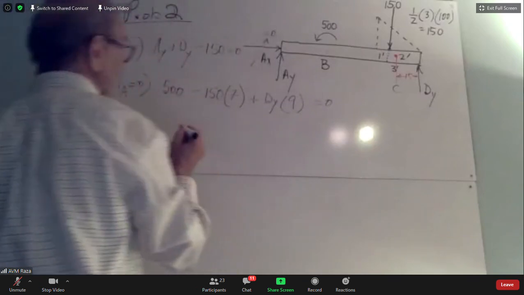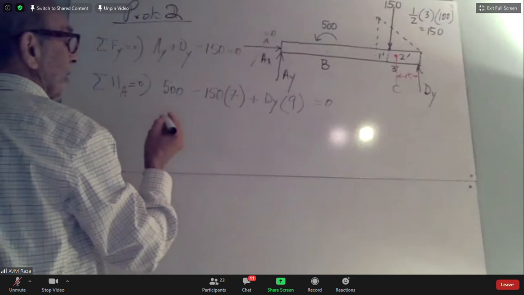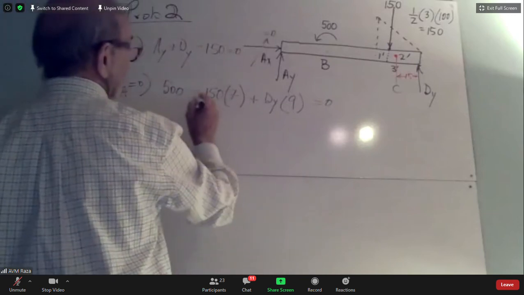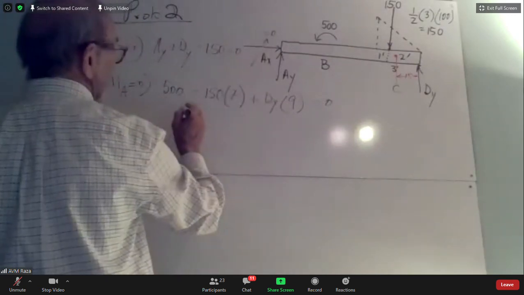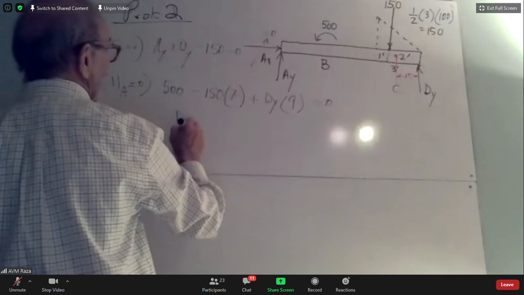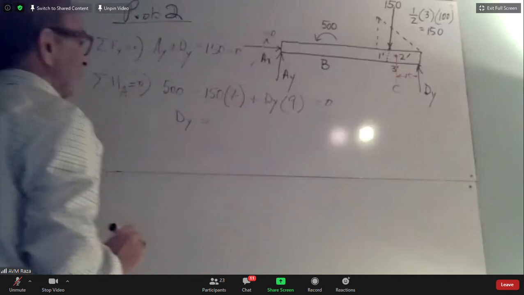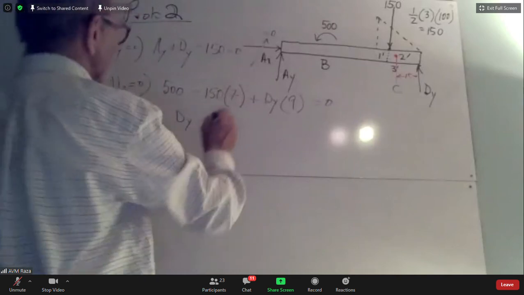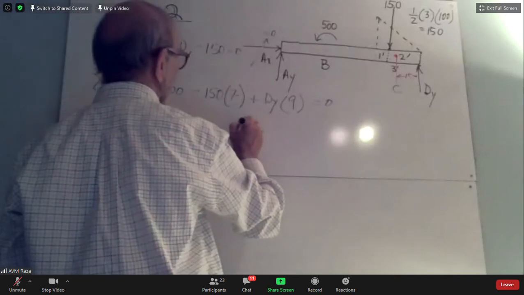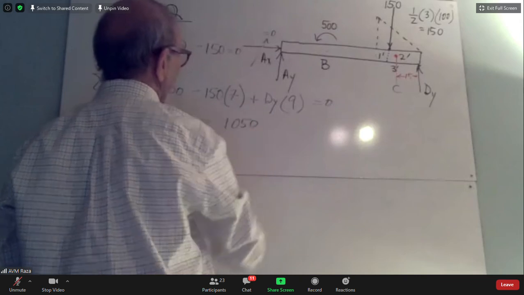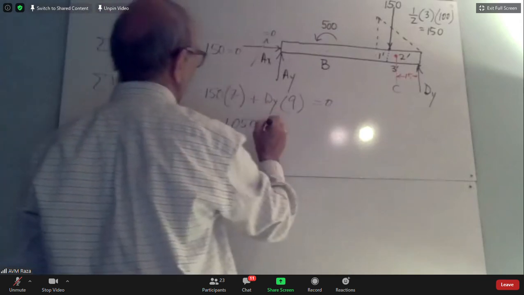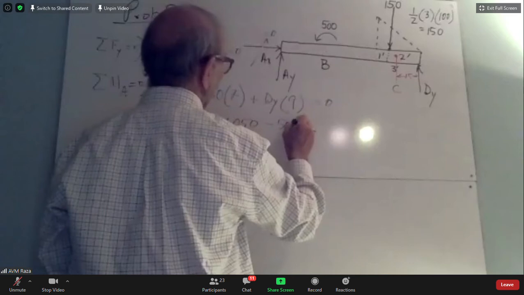From here I can find DY. What will DY be equal to? DY will be equal to 150 times 7, which is 1050, minus 500, divided by 9.